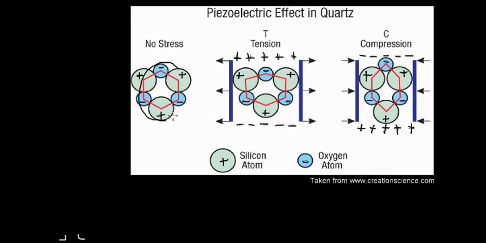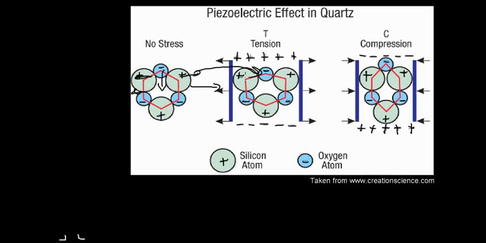So think of this guy right here. What happens to it when I put tension force? When I put both my hands here, and I pull away. I try to make it wider. What happens? Well, this guy is going to go in, and these guys are going to go away.